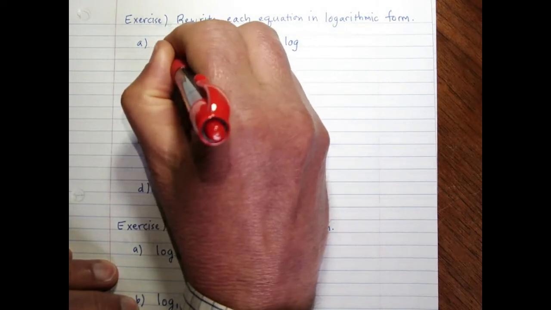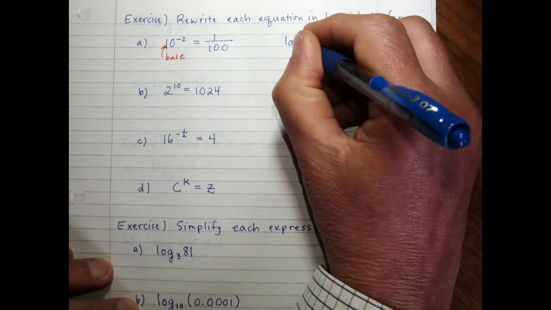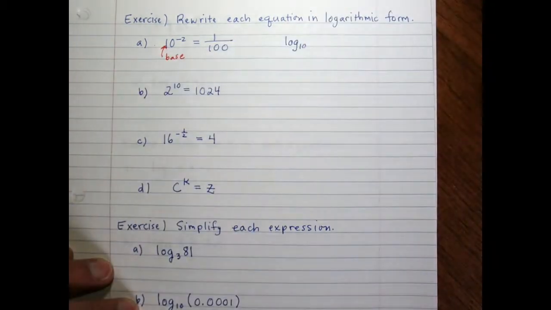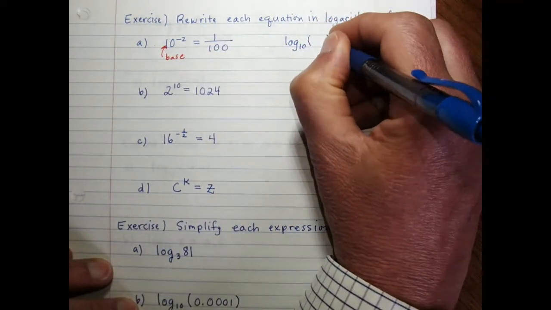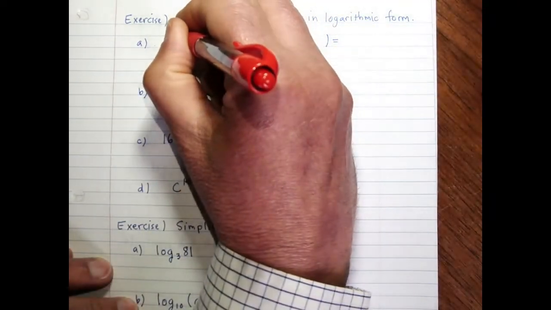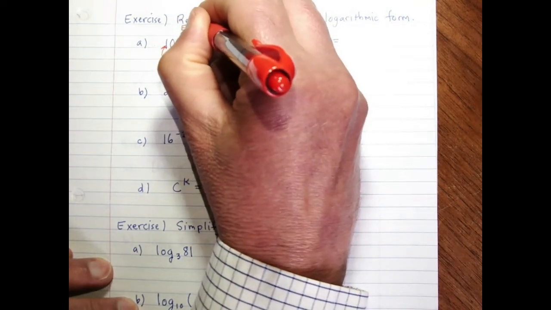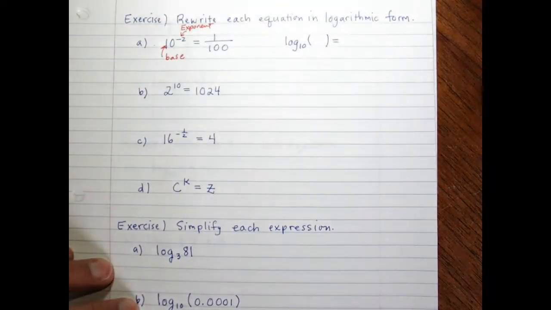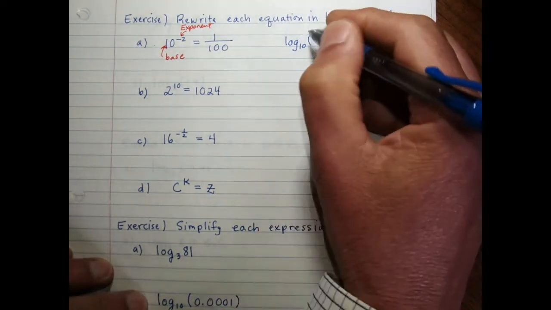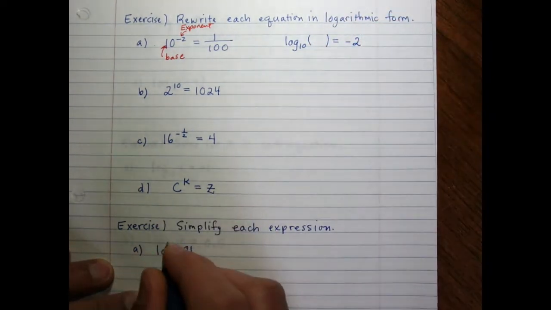So my exponential base here is 10, so this is log base 10. And it's always going to be of some number equals the exponent. The exponent always goes by itself on one side of this equation. So log base 10 of something equals -2.